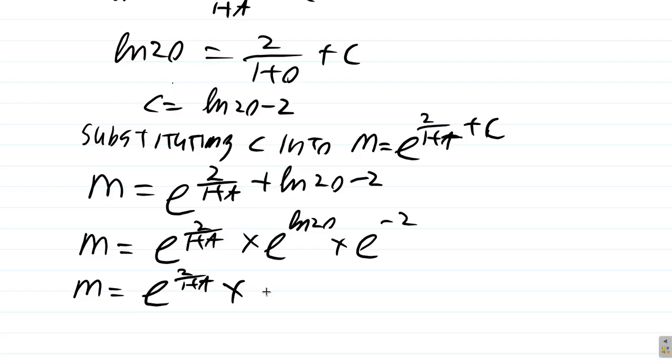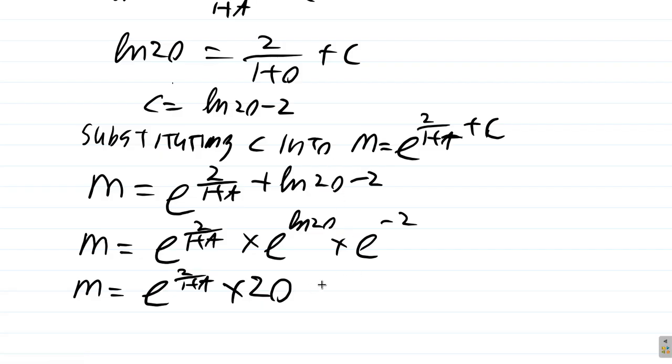So this is going to be 20. You can try it out if you want with different numbers, no problem. But when you find ln of a number and then e to the power of that, you'll get back the number. Alright?